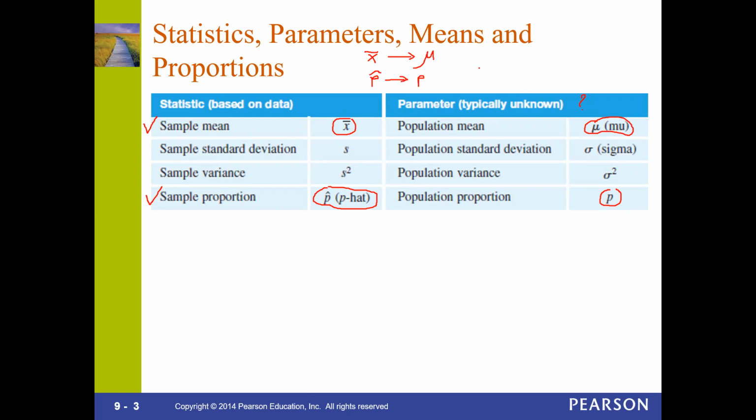If you can go further on that, you can say letter S for standard deviation, trying to define sigma. Okay. So this is these two right there. Or I can say S squared trying to define sigma squared. All right.